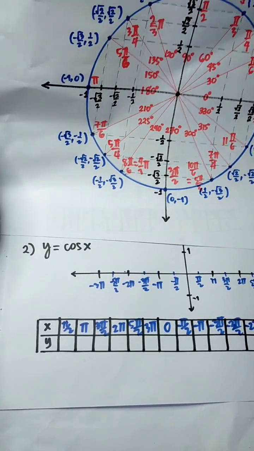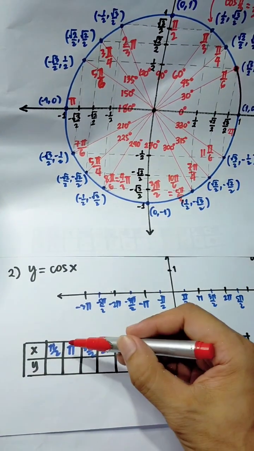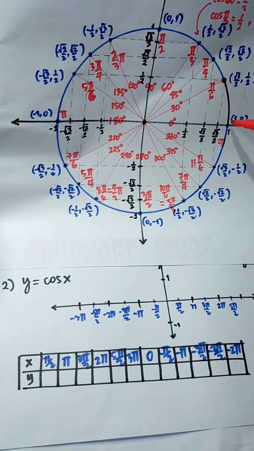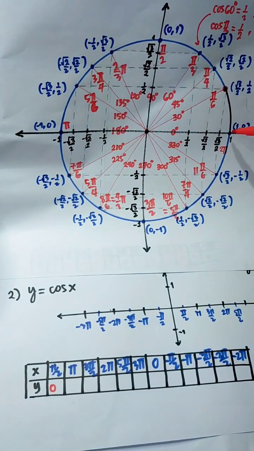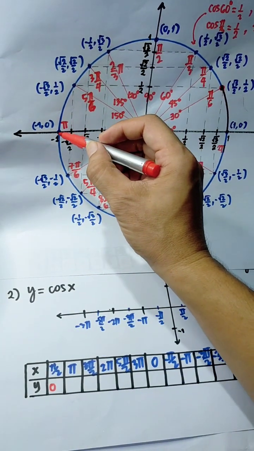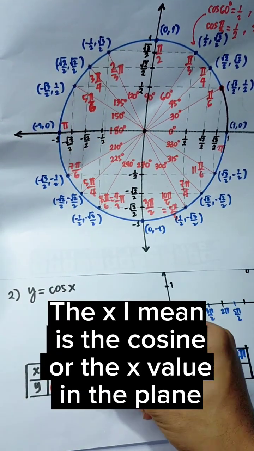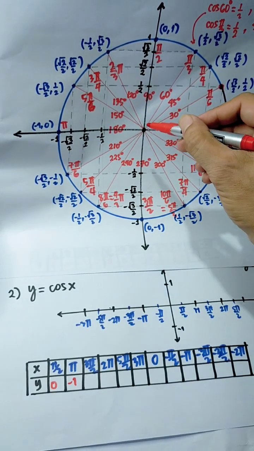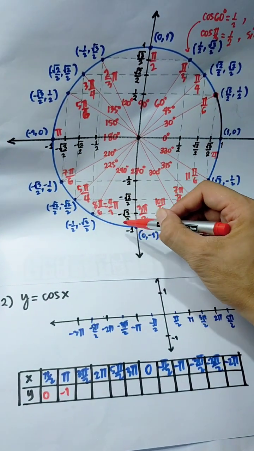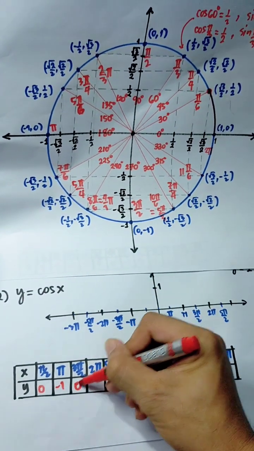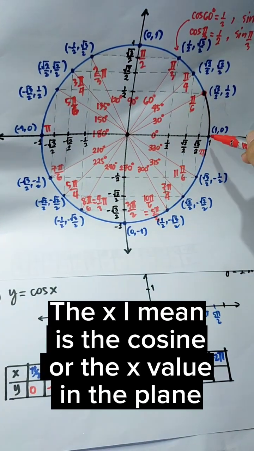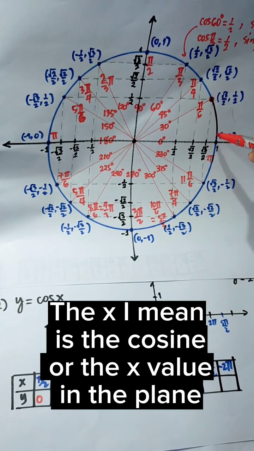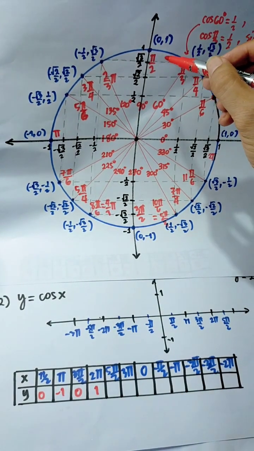If x is pi over 2, our cosine is 0. When x is pi, our cosine is negative 1. At 3 pi over 2, it is 0. At 2 pi, it is 1. 5 pi over 2, that is another pi over 2, right?